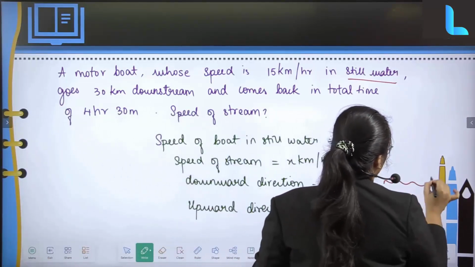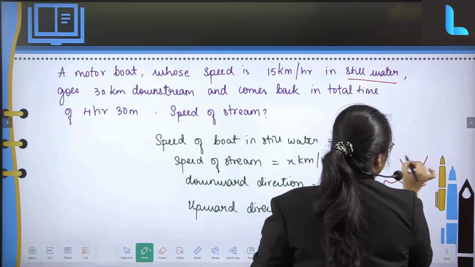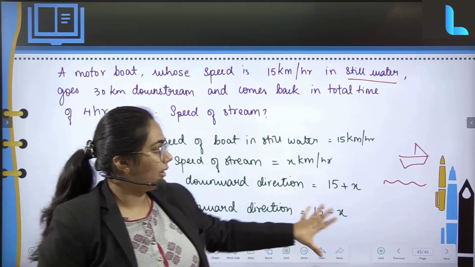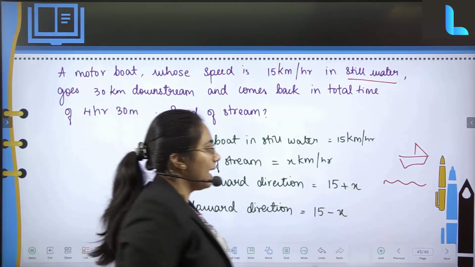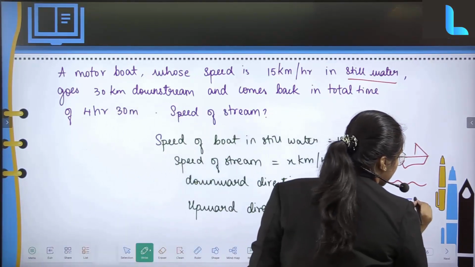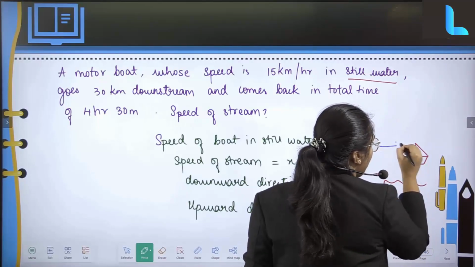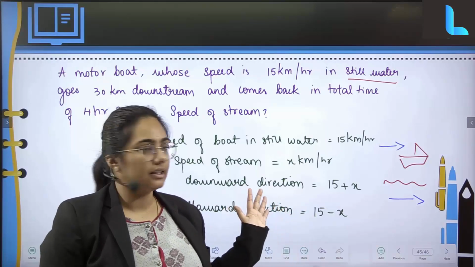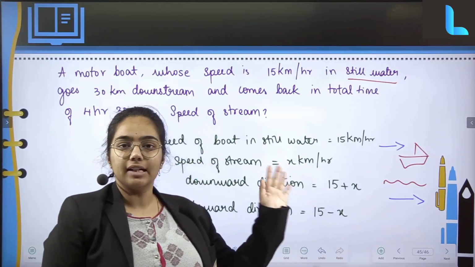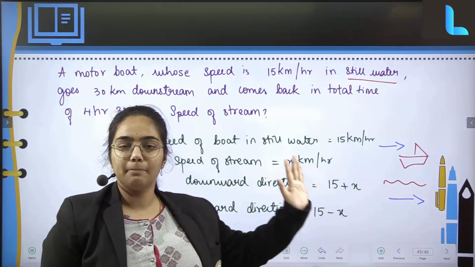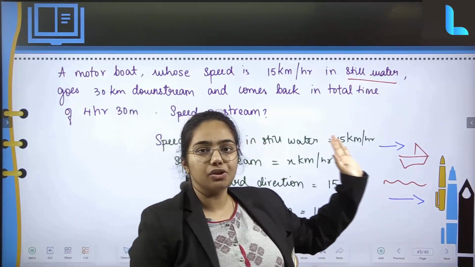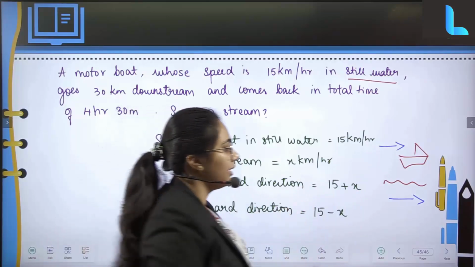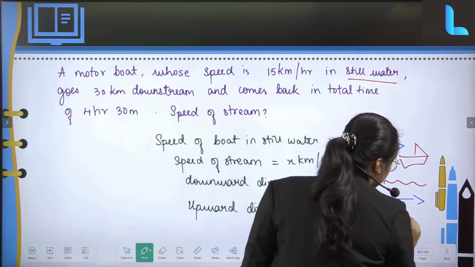So here is the water flow, and suppose let's consider this is going to be my boat, right? So this is the water and there is a boat going. So now if the direction of the water and the direction of the boat passing by are both going in the same direction, then it is called as downstream.